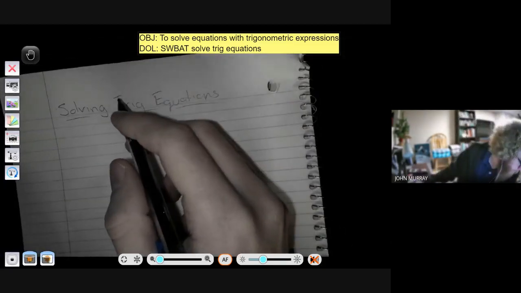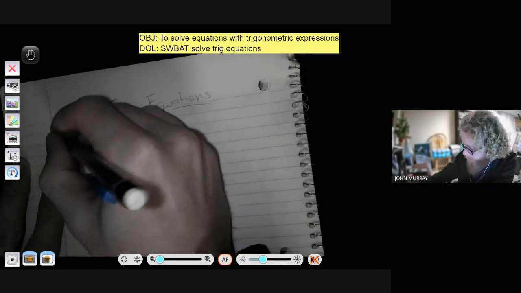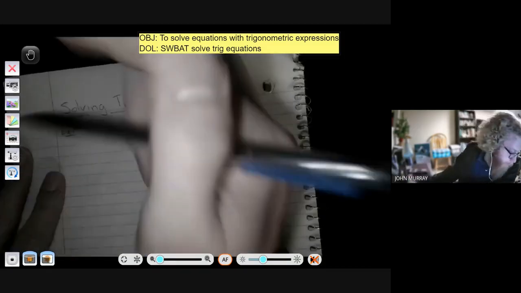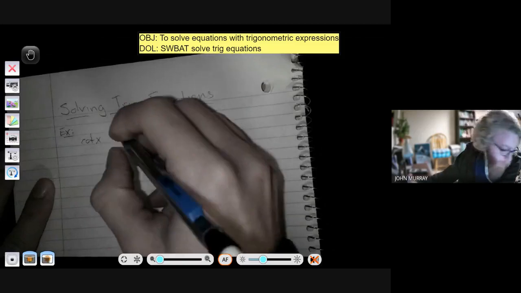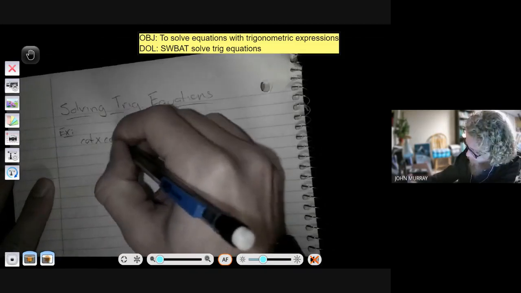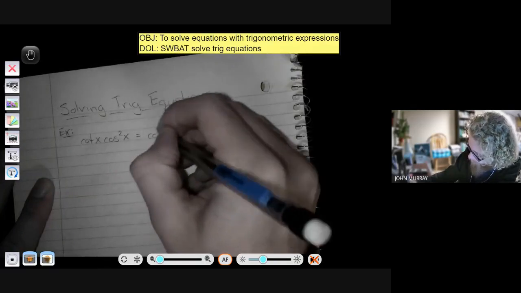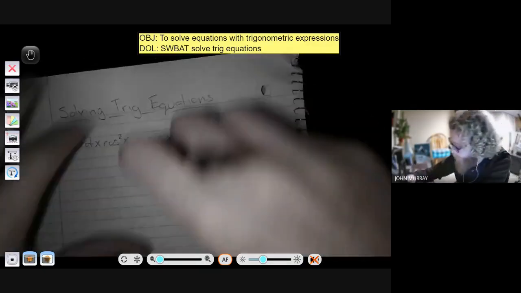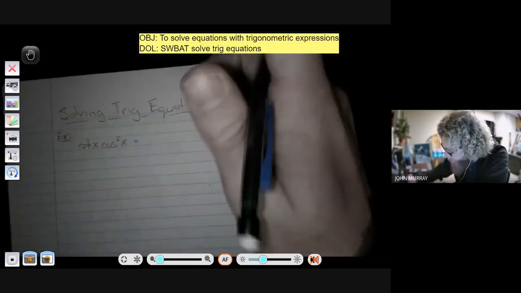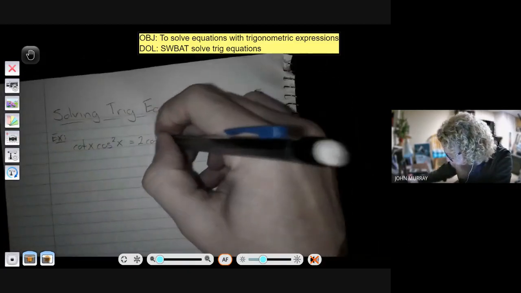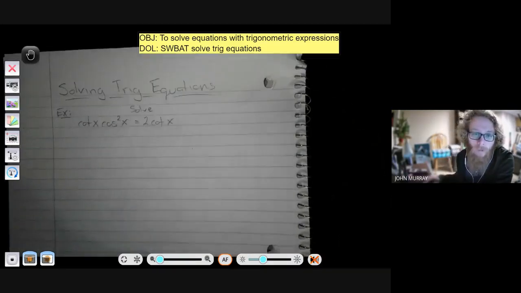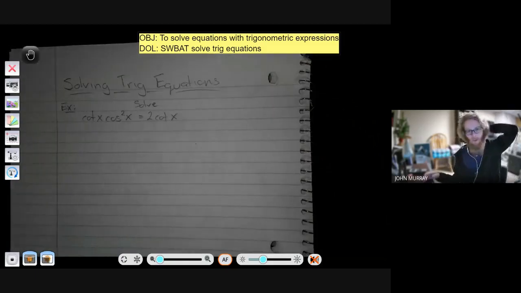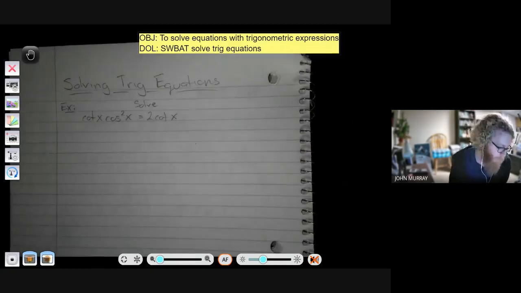Right. So, because we have to do all that, we have to take other things into consideration too. So let's look at... Okay, so we are going to start off looking at cotangent x plus cosine squared x equals 2 cotangent x.